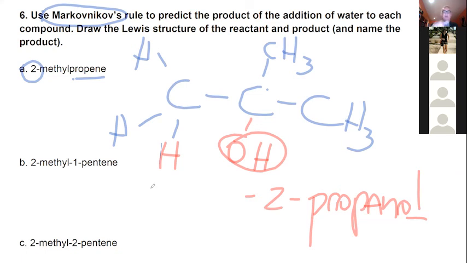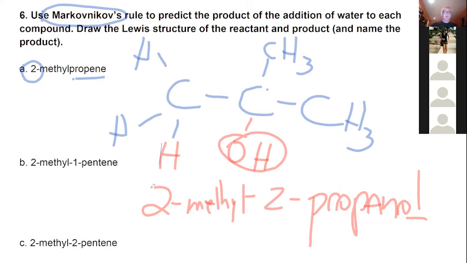Methyl. 2-methyl, exactly. Excellent. 2-methyl-2-propanol. Great job. So you'll find when you do B and C, you should get the same product. At least I did, unless I screwed it up.